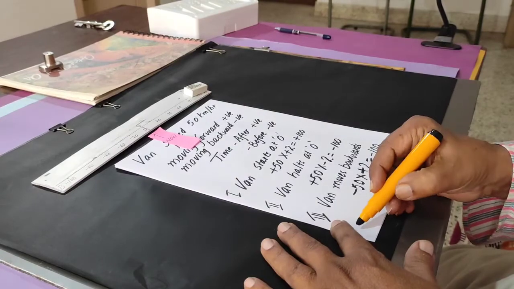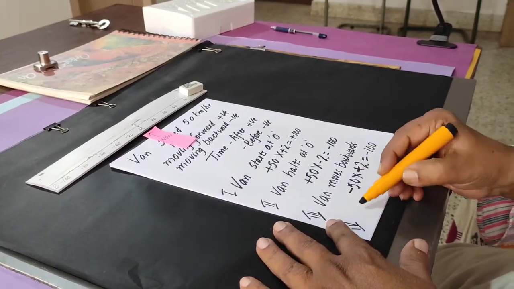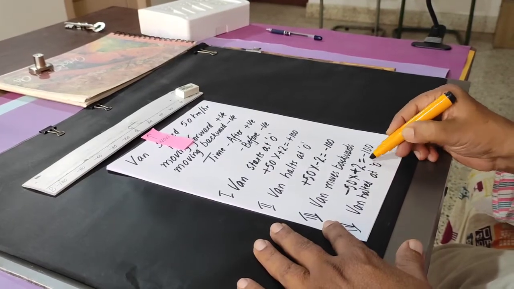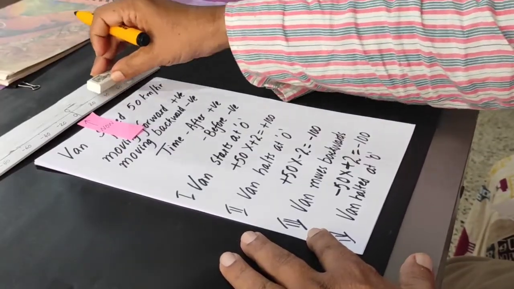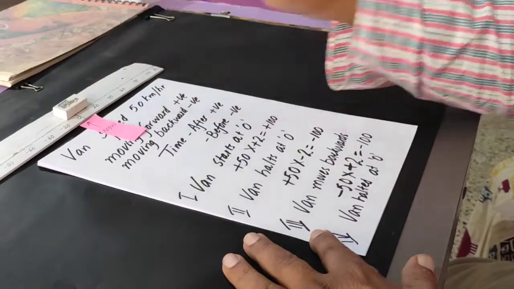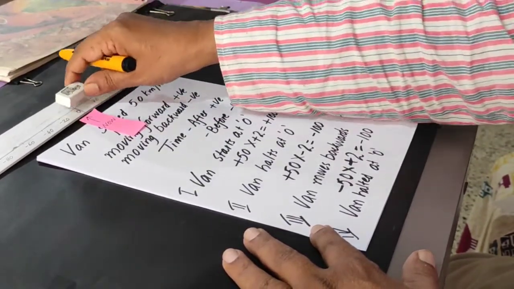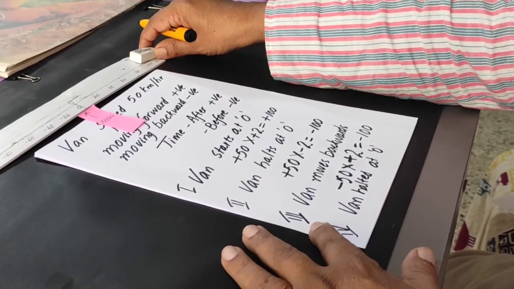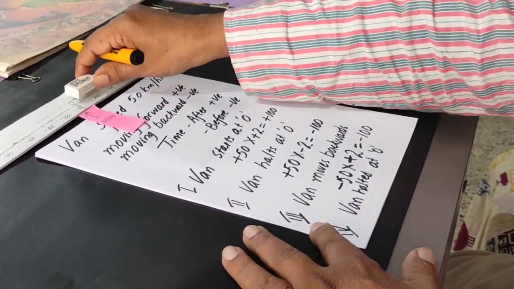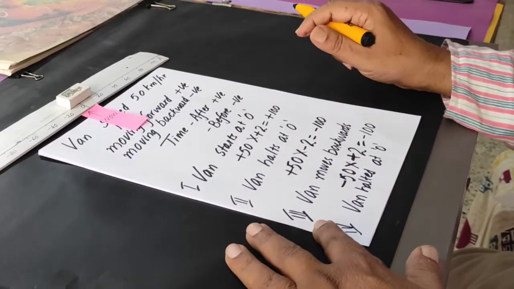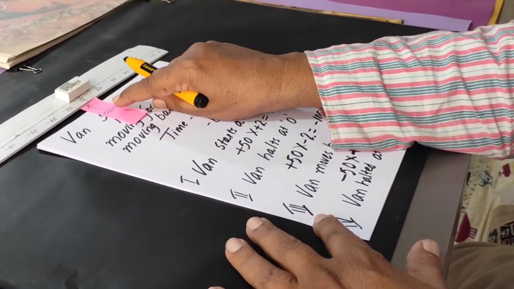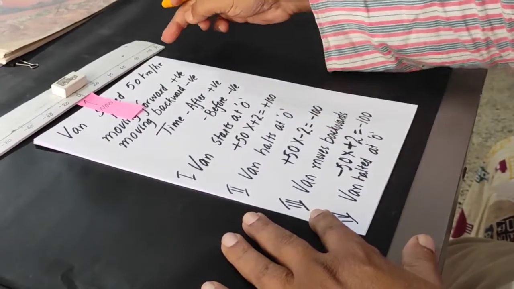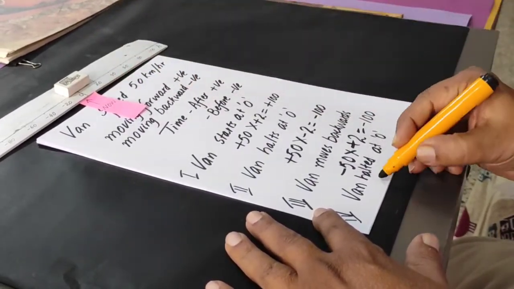Now let us take the fourth case. It has halted at 0. It is now at 0. It has started from somewhere here. So it is moving backwards and it has halted at 0. Because it is now at 0, 2 hours before, where was it? Because it is moving backwards, it is negative.